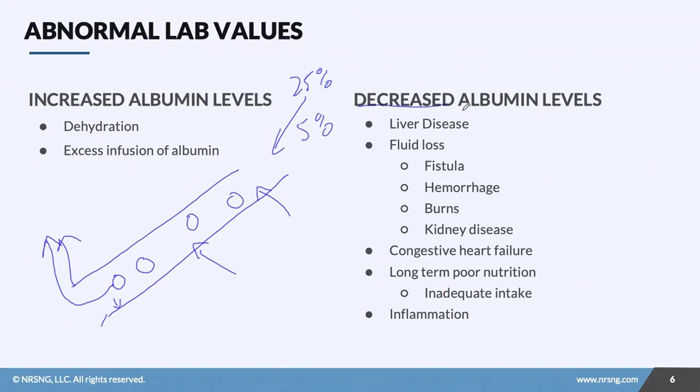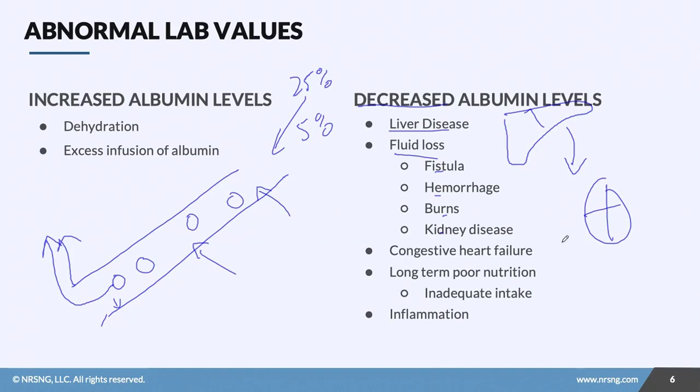Why would you see decreased albumin levels? Think about it. What's the main thing that would cause decreased albumin levels? It'd be liver disease. If our liver isn't producing albumin, we're obviously going to see a decrease in that level. You might also see it with fluid loss from things like a fistula or hemorrhage, burns, kidney disease, or congestive heart failure. With congestive heart failure, our pump is broken.